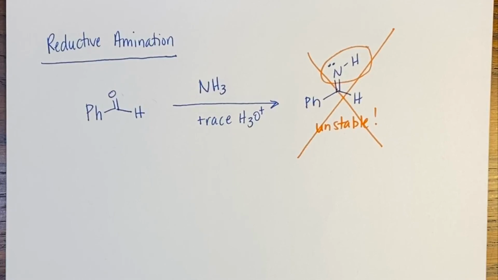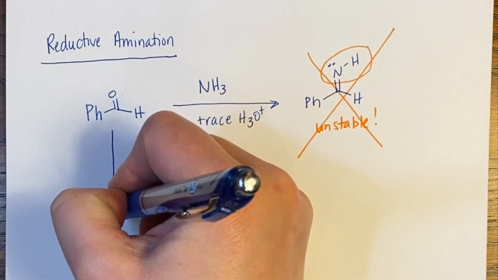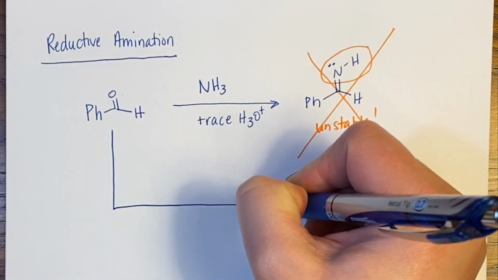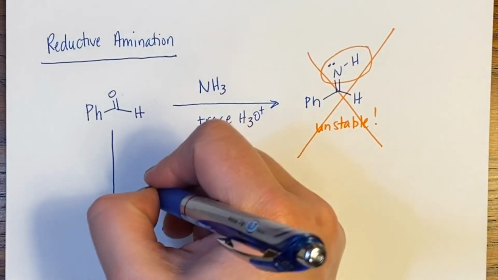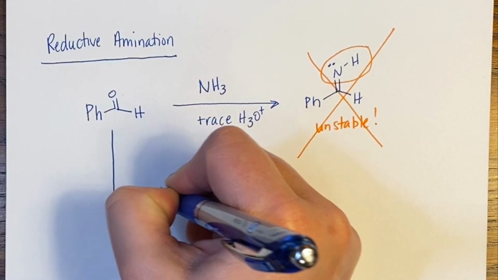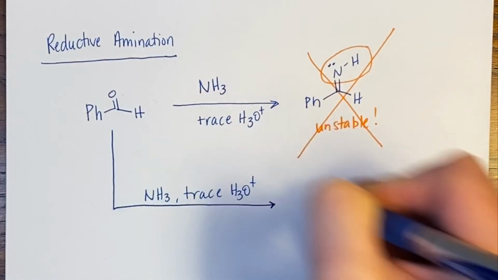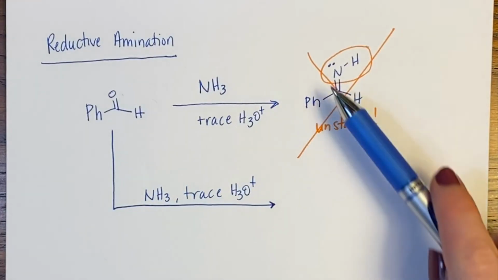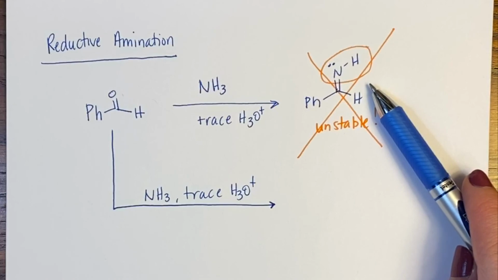Because I can't form that product, I do have a little bit of a workaround. I can take this aldehyde and treat it in a one-pot, two-step reaction with ammonia and trace H3O+, which are the conditions that would allow me to make that imine, but that imine is unstable and I can't isolate it.